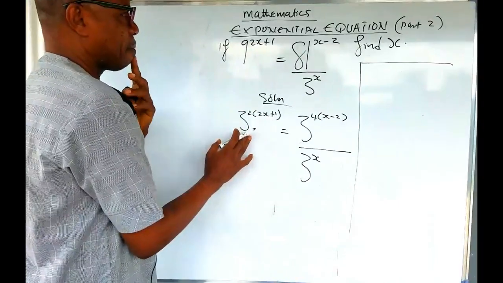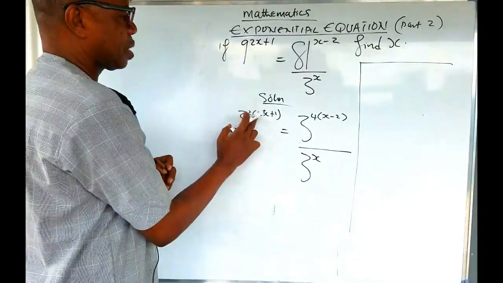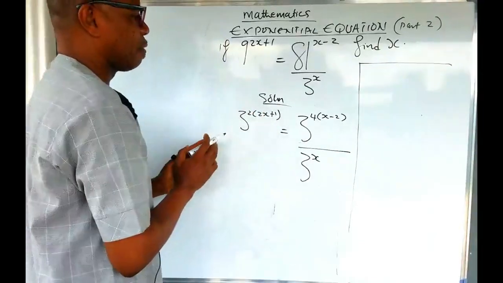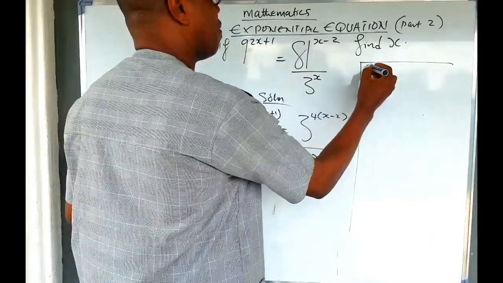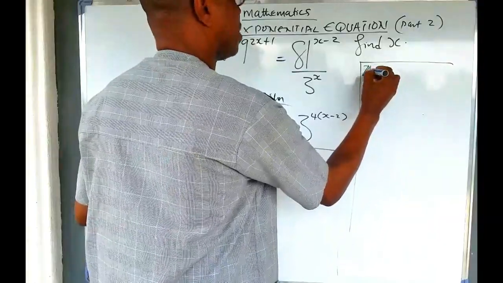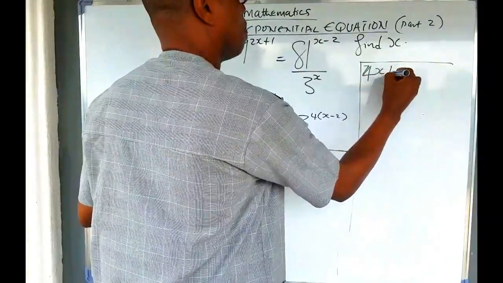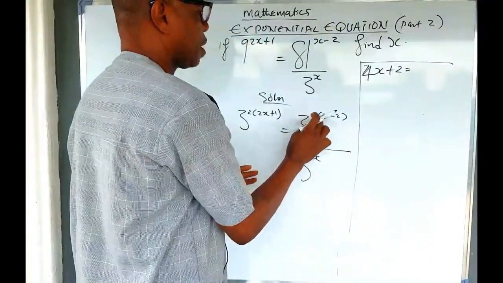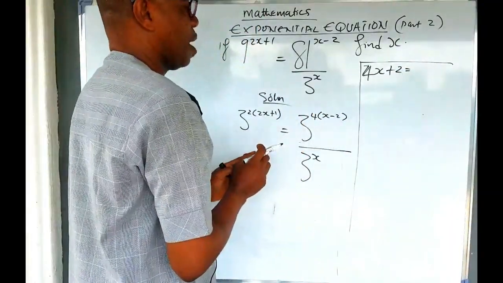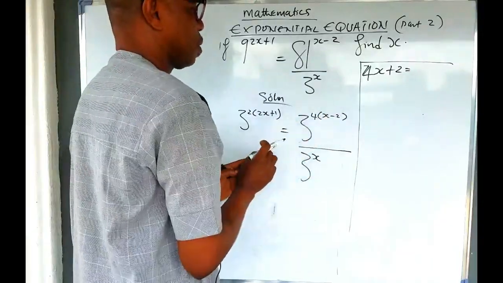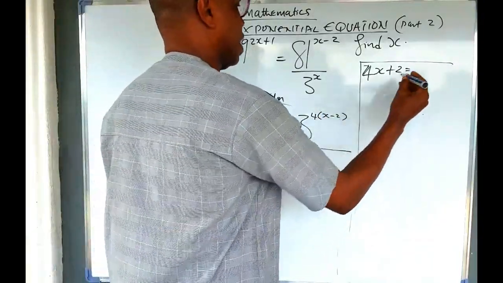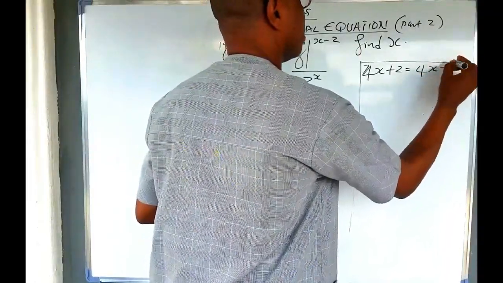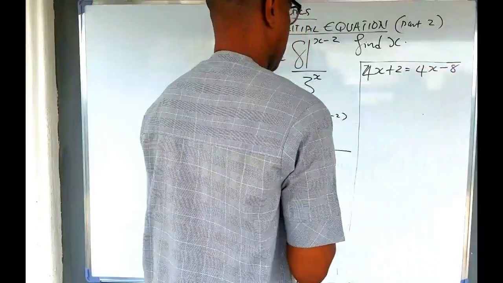2 times 2x will give us 4x, 2 times 1 will give us 2. So we now have 4x plus 2 is equal to 4 times x, 4 times 2 is equal to 4x minus 8.